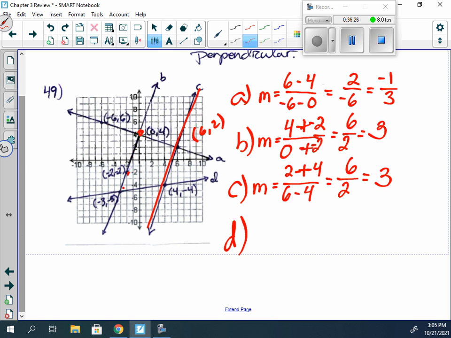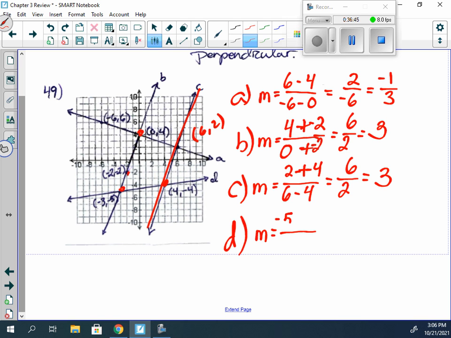They would be. So let's go on and find the slope of line D, and then we can name all the ones that are parallel and perpendicular. So line D, we do have the point 4, negative 4, and negative 3, negative 5. So we can say negative 5 minus negative 4.